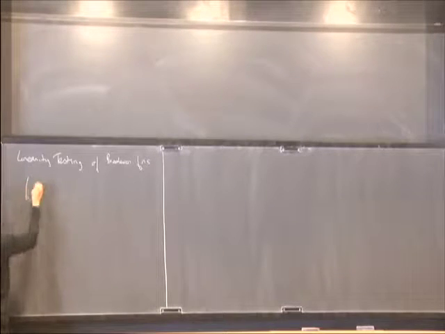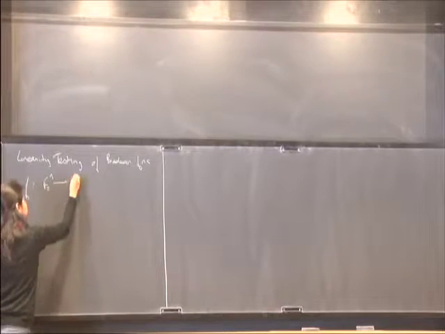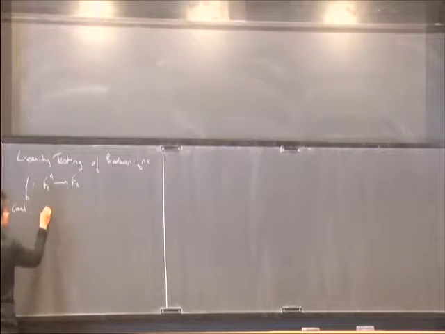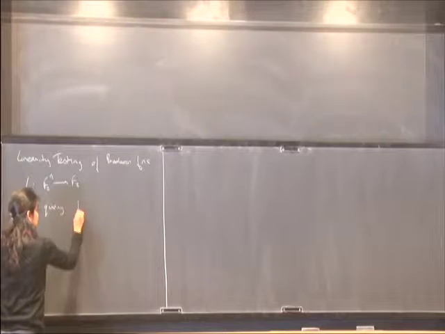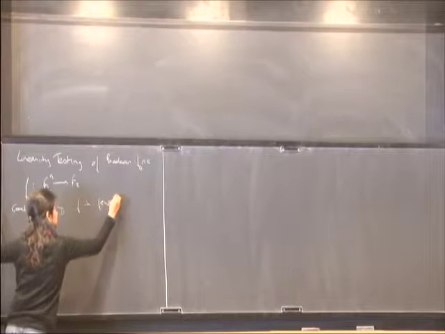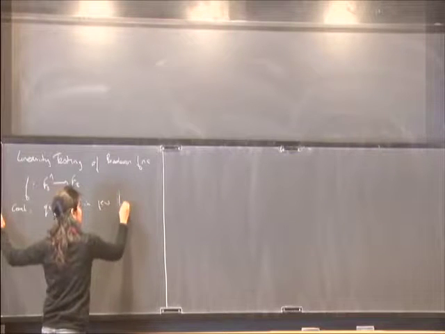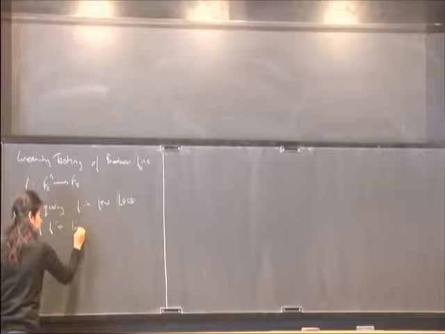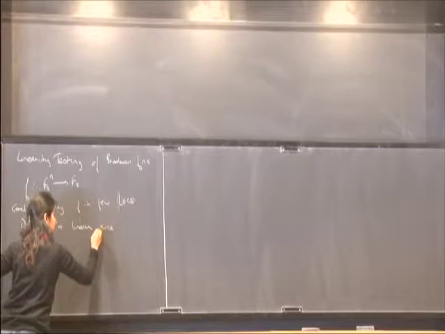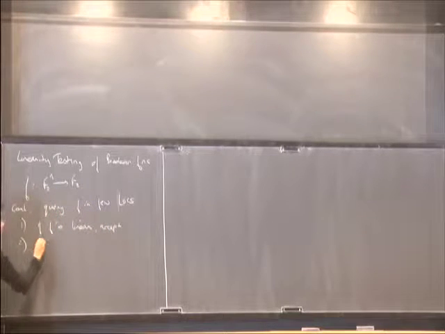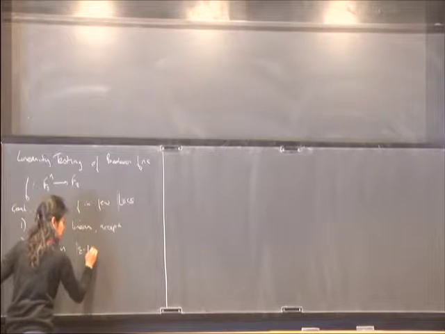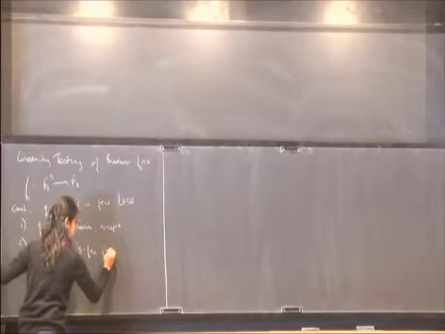You're given a function f from F2 to the n to F2, and the goal of a tester will be to query f in few locations, and if f is linear, then you want to accept. If f is far from linear, or say epsilon far from linear, then reject.